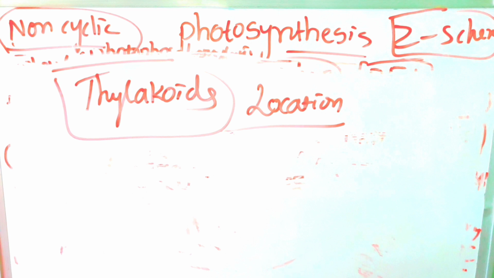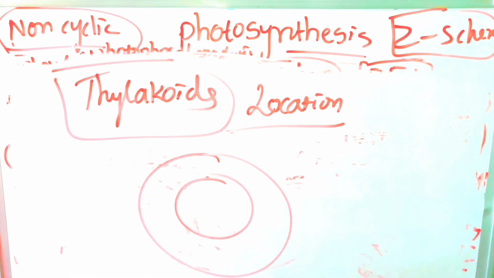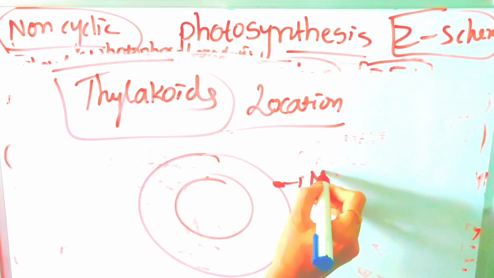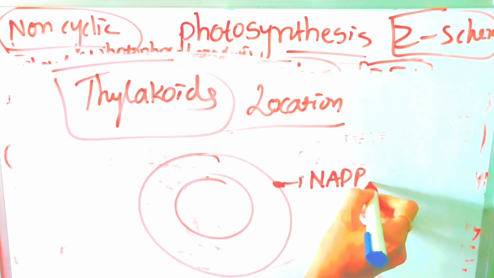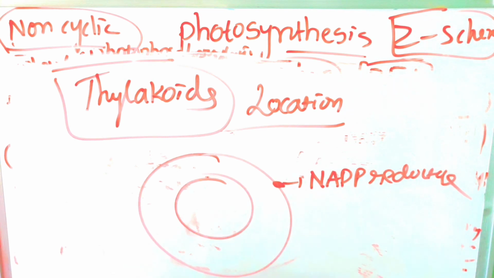Non-cyclic photophosphorylation takes place in the thylakoid. The thylakoid has an outer membrane and inner membrane. The outer membrane has an important complex that releases the enzyme NADP reductase. What is the need of NADP reductase? NADP reductase is utilized for the synthesis of NADPH plus H plus, the reducing power.